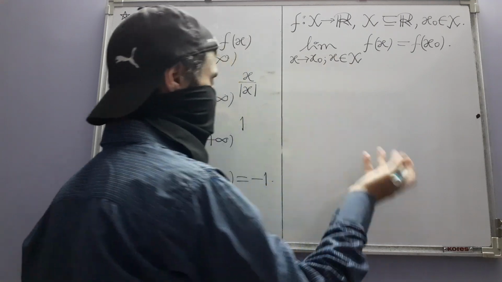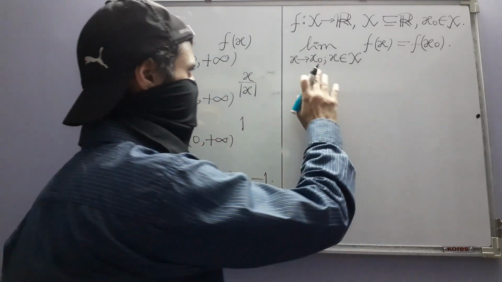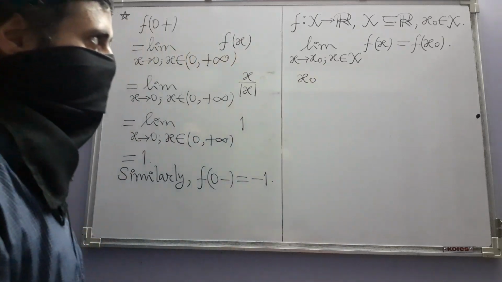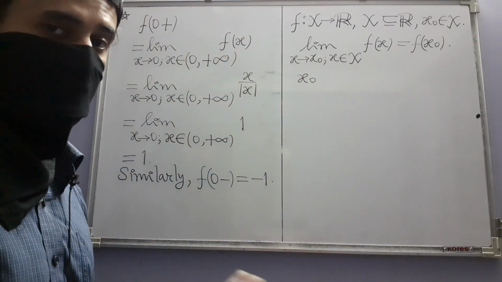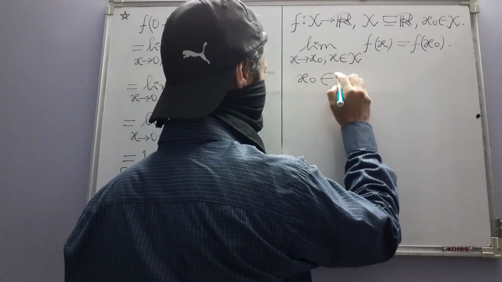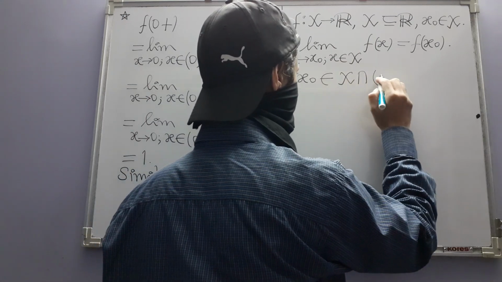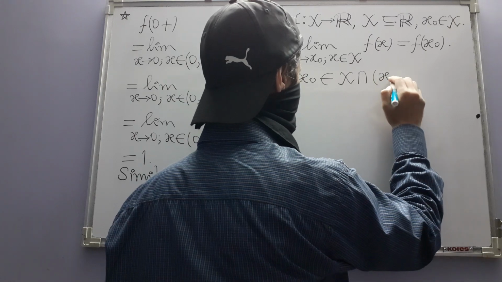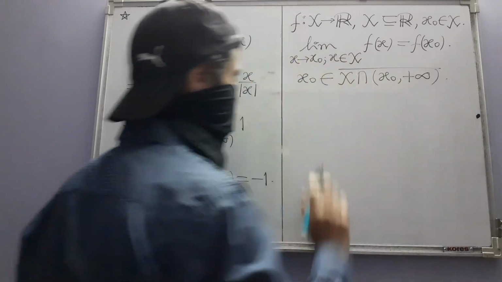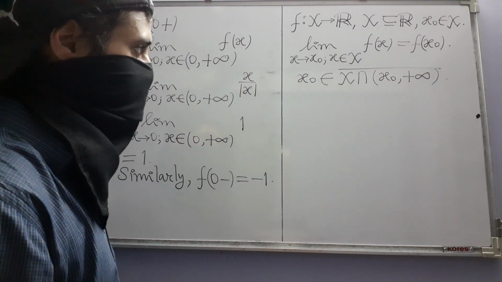Before trying to calculate them, if they exist, let us make sure that x naught at least satisfies the condition that it is an adherent point of that set. Is this statement true?